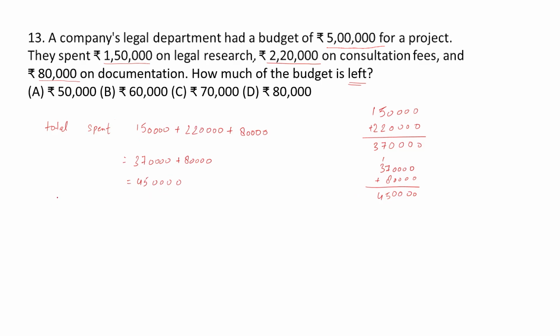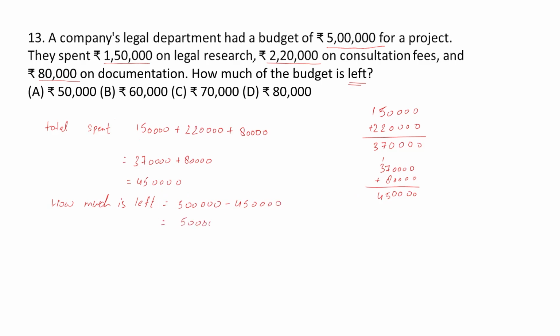How much budget is left? So total budget minus expenditure. So the total budget was 5 lakhs. They have spent 4 lakh 50,000. So if you subtract, you will have 50,000.